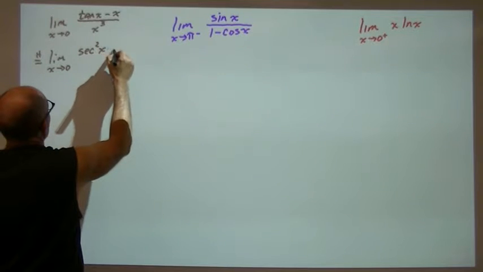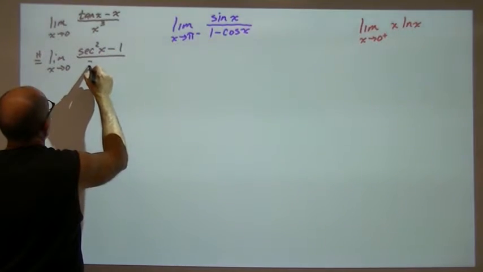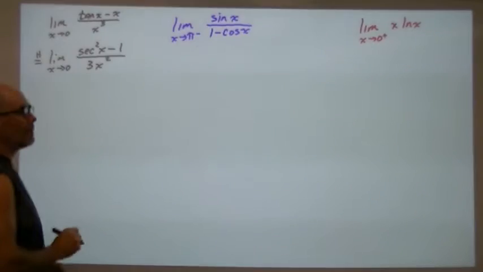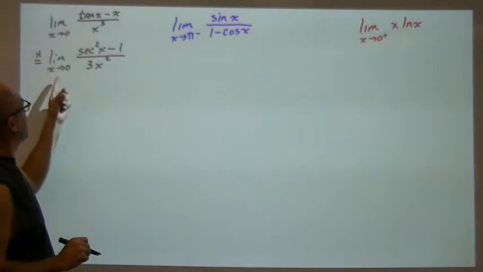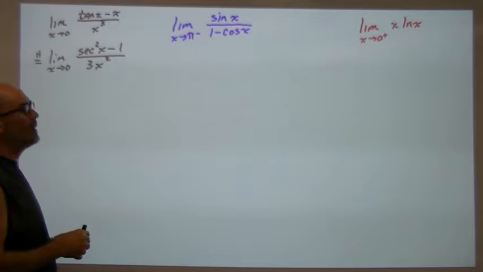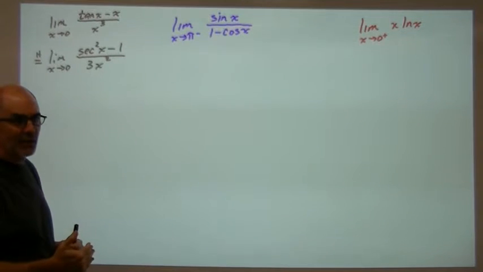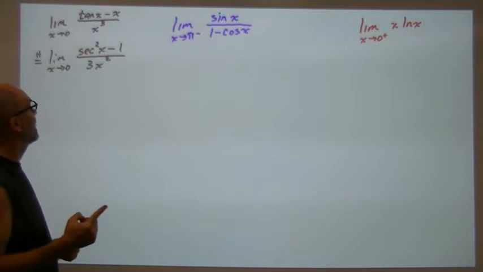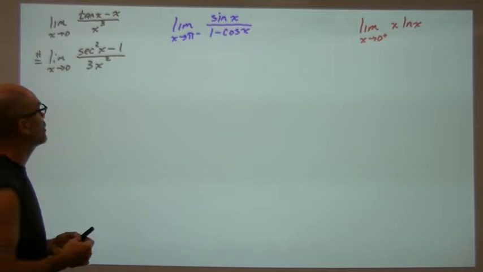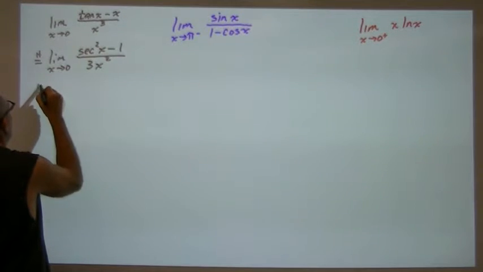The derivative of x is 1, and the derivative of x cubed is 3x squared. Now, if I put a 0 in for secant, remember secant is 1 over cosine, and cosine of 0 is 1. So this becomes 1 minus 1 over 0, still indeterminate. So it's time for L'Hopital a second time.